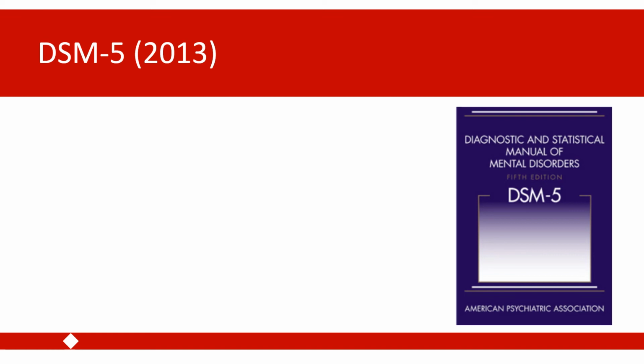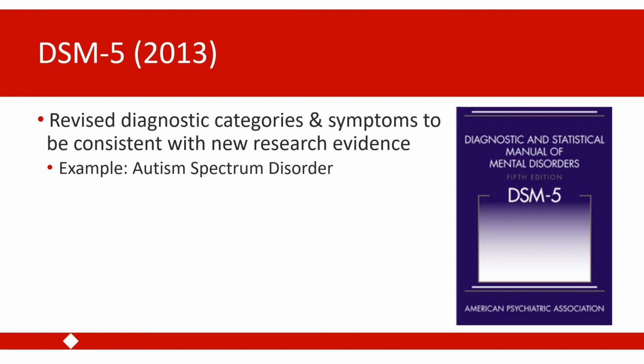So the DSM-V revised some diagnostic categories and symptoms to be consistent with new research evidence. So aligned with that requirement from the DSM-IV, based on new empirical evidence, there were changes made to the division of diagnostic categories, the existence of specific diagnoses, and revisions of symptoms.